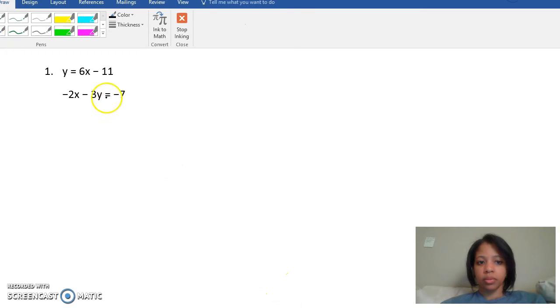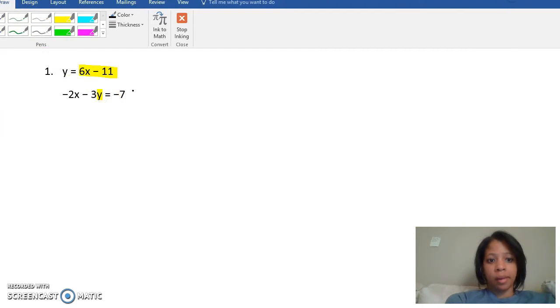Alright, so it's really just a process of rewriting, right? So y equals this. So I'm going to substitute this in for y in my other equation, okay? So when I'm rewriting it, I'm rewriting everything, but when I get to the y, I'm going to rewrite 6x minus 11 instead. So I'm writing negative 2x, right, minus 3.